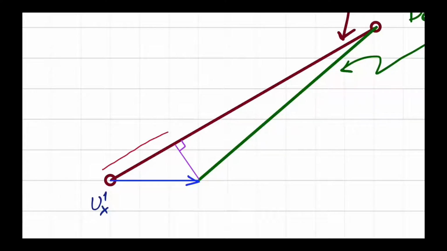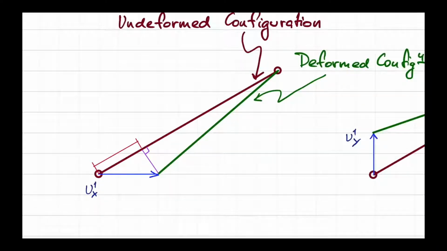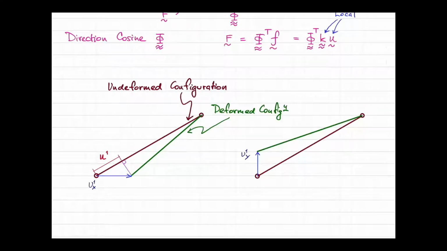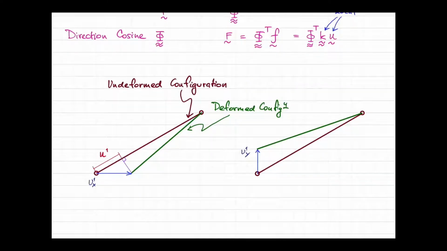As it aligns with the axis of the member, you can see it like this. This is u1 lowercase. How about this one?